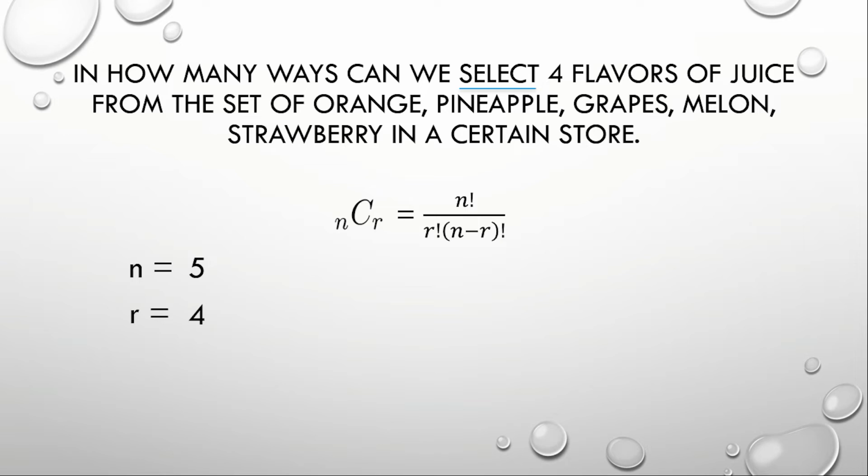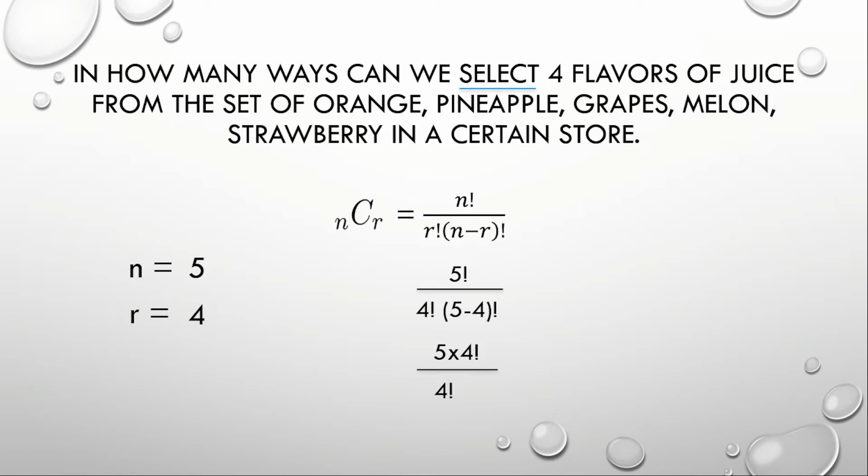Again, class, n is equal to the total number of objects, while r is the number selected from the objects. By simply substituting the values in the formula, we have 5 factorial all over 4 factorial multiplied by 5 minus 4 factorial. By expanding using factorial notation, 5 factorial is 5 times 4 factorial, since the highest factorial in the denominator is 4 factorial, so we end at 4 factorial.